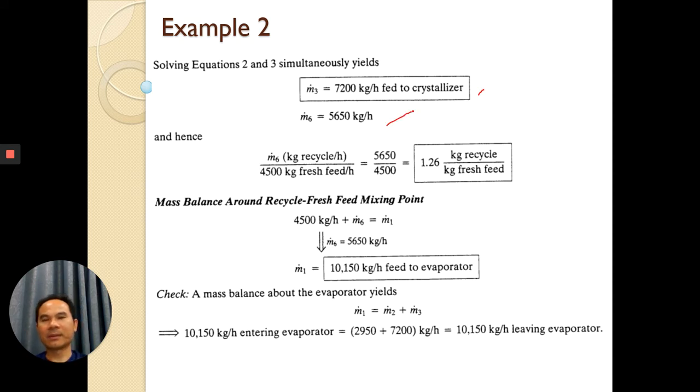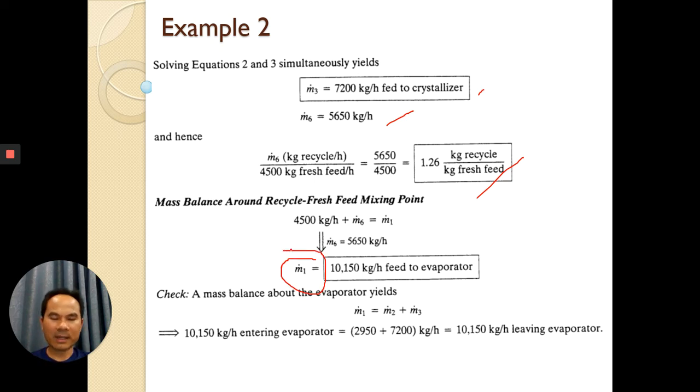Okay. And then it's not necessary to do another balance because you can answer the question. The question is the ratio of recycle per fresh feed. The ratio of recycle is M6 divided by the fresh feed, 4,500. You get 1.26 kilogram recycle per kilogram fresh feed. Okay, and then you can solve for M1.